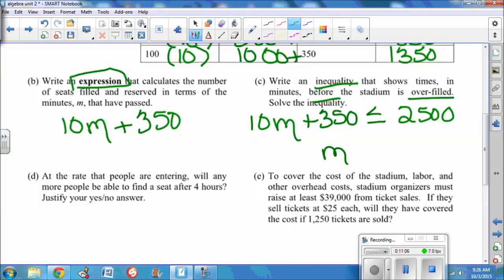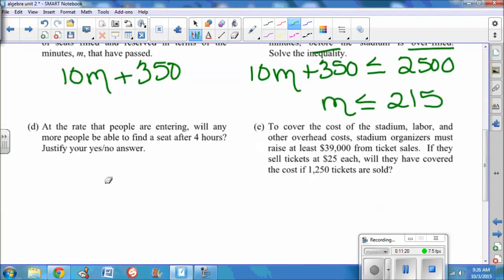All right, I'm going to take this and bring this down and just give you the answer to that. We know subtract 350 from both sides, divide by 10. Okay, so our minutes has to be less than or equal to 215. Okay, so a little over 3 hours. At the rate that people are entering, will any more people be able to find a seat after 4 hours?